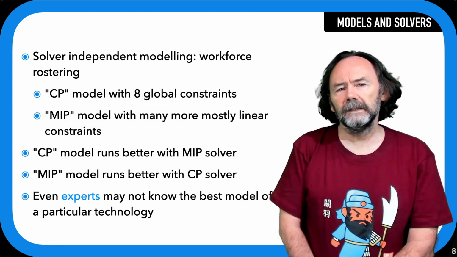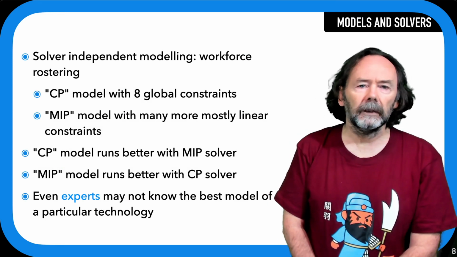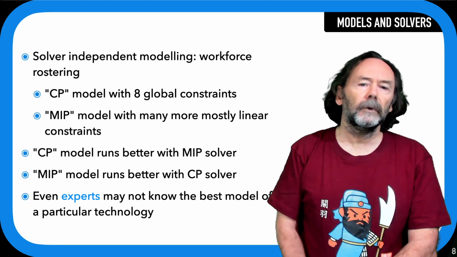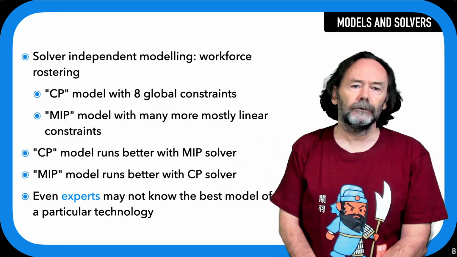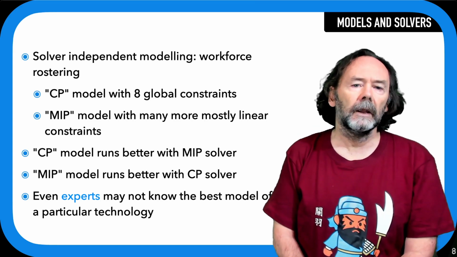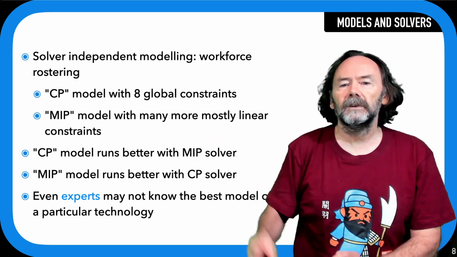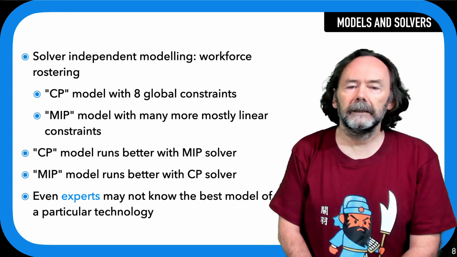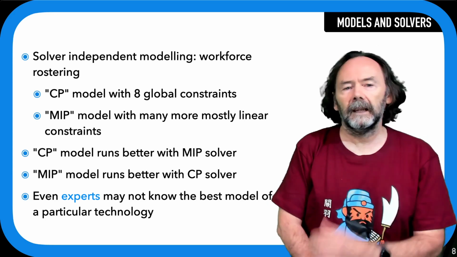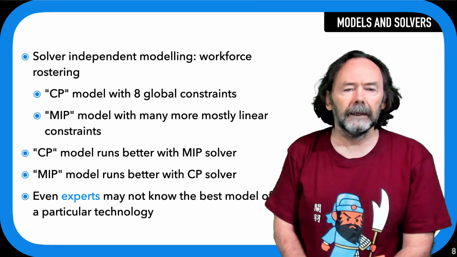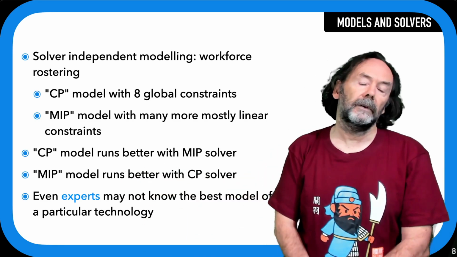So why is this important, solver-independent modeling? Well, if we look at our workforce rostering problem, we showed you a little bit of a CP model with 8 global constraints, right? Very natural way of writing it from a CP perspective. A MIP model wouldn't write that way. They would write a much bigger model with mostly linear constraints, or things very close to linear. But it turned out we built this, experts in both rostering and modeling, and our CP model ran better with the MIP solver.